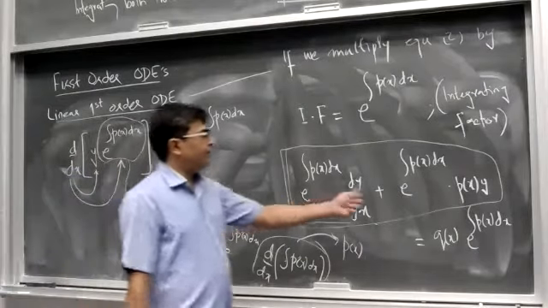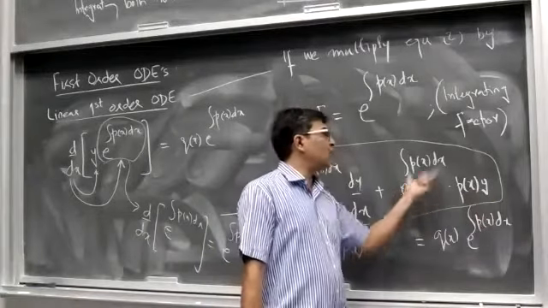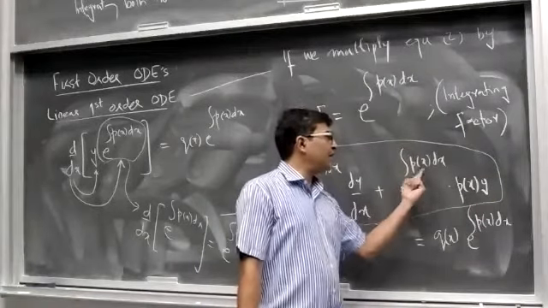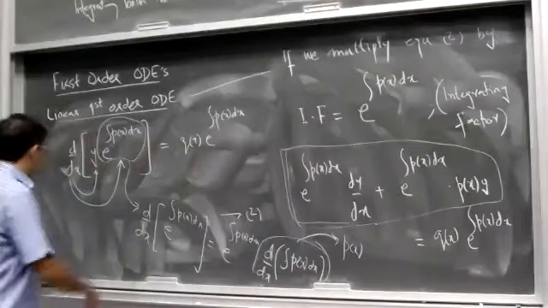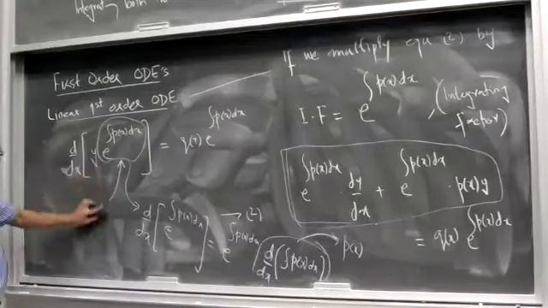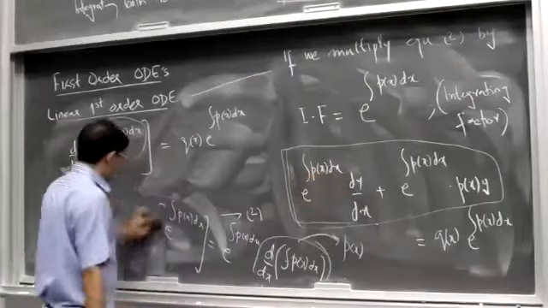So y as it is, the derivative of the second function is what? It is e raised power integral p of x dx times p of x. So this is what I was talking about. So the one term will definitely be eliminated.